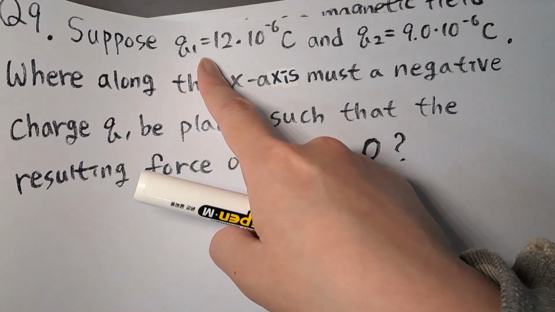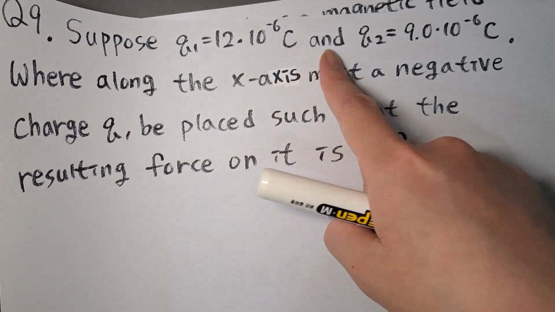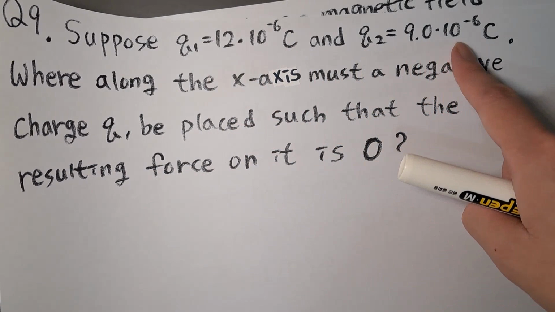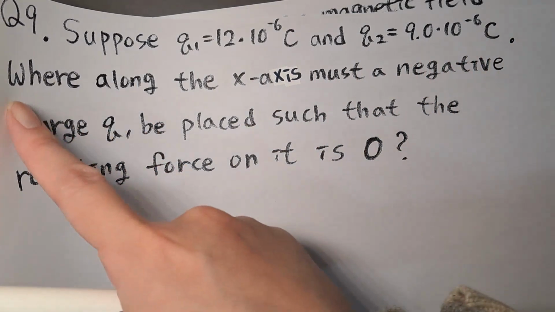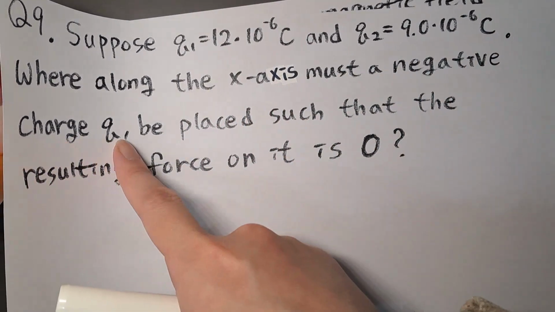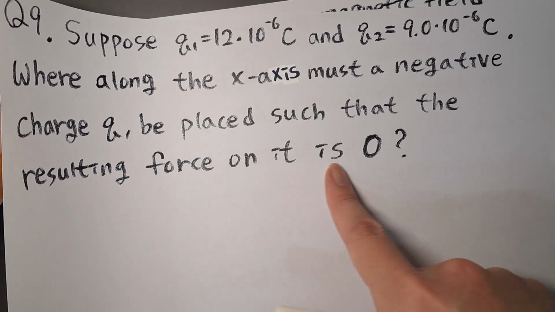Suppose Q1 is 12 times 10 power minus 6 coulomb and Q2 is 9 times 10 power minus 6 coulomb. Where on the x-axis must a negative charge Q be placed such that the resulting force on it is 0?